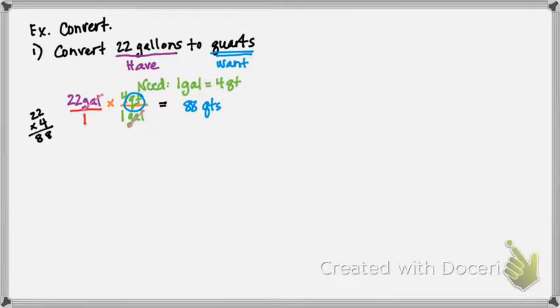I find a conversion that uses what I have and what I want. Sometimes it takes more than one conversion to get there. I have to go baby steps. Then I go ahead and multiply by my conversion, making sure that the label I want is on top. Okay, I know it sounds hard when you start, but it will make more sense the more you practice it.